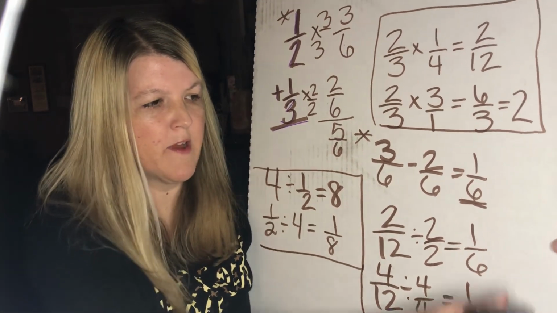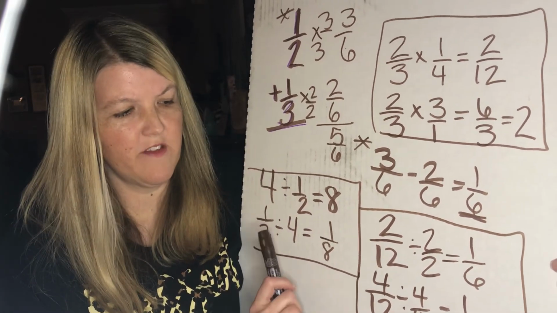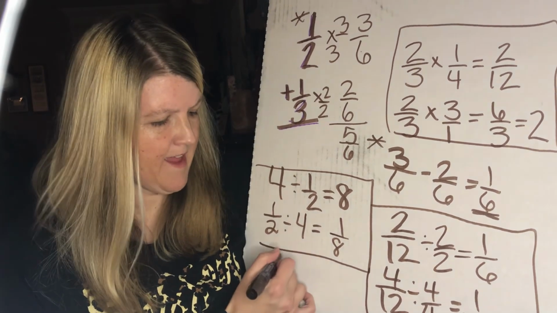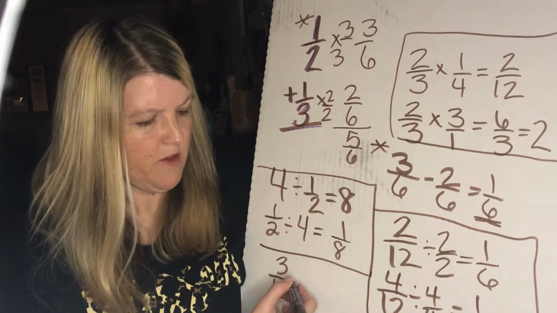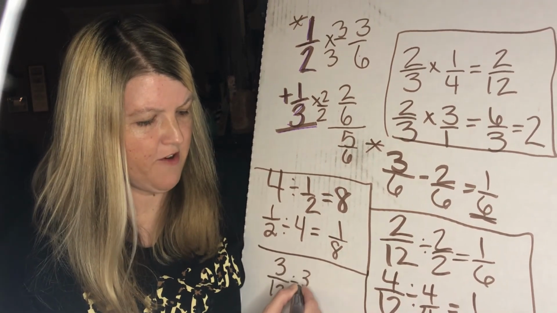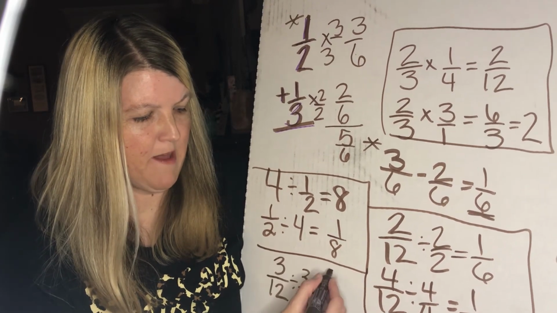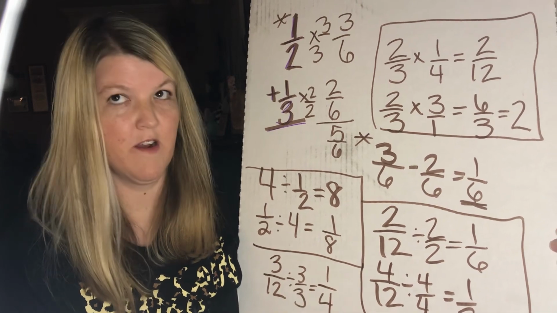So now at this point, you should know how to add, subtract, multiply, divide with fractions, and then also simplify fractions. So let's say I had 3/12. Now these are not even, so I can't divide by 2, but they do have a common factor of 3. So if I divide them both by 3, 3 divided by 3 is 1, and then 12 divided by 3 gives me 4.